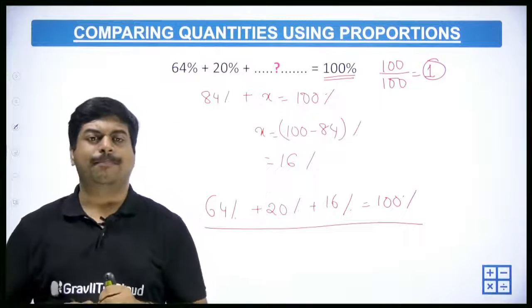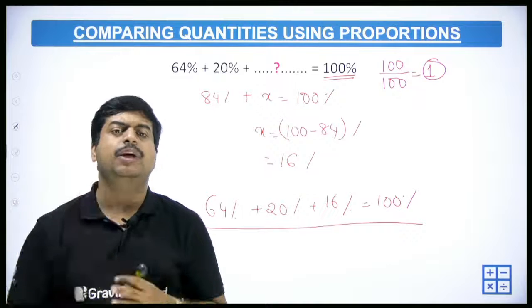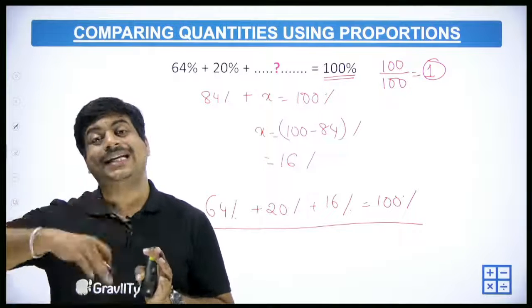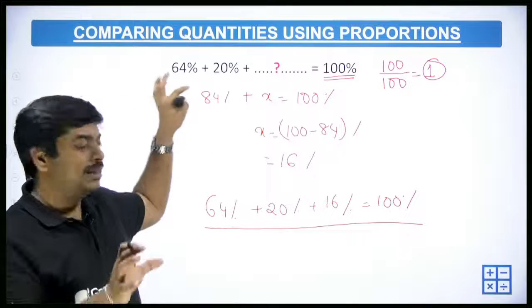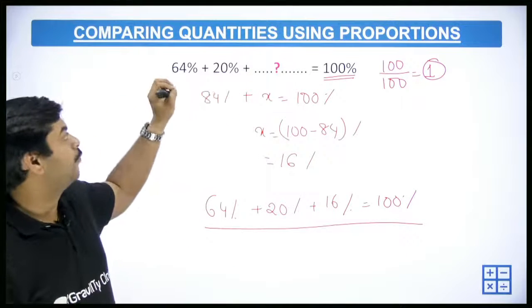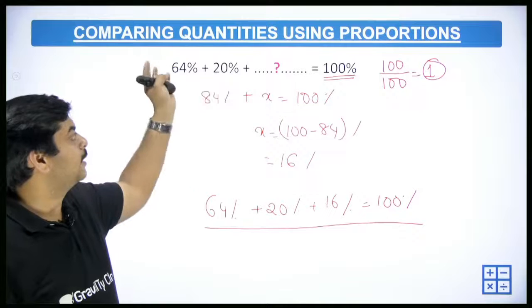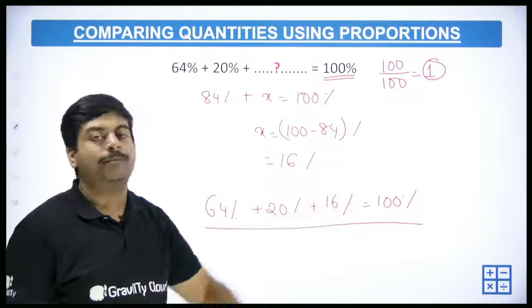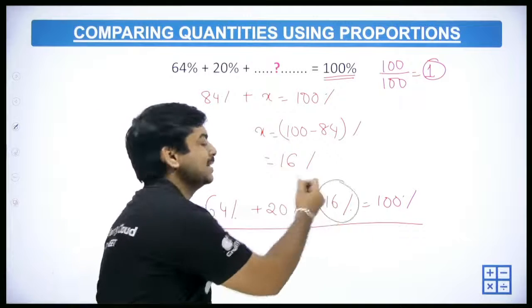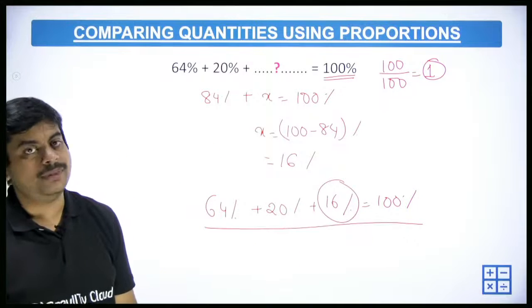Yes, there are places where we use 110%, 200%, 300%, where it got increased so many times. But always the percentage in one situation, 64% of something plus 20% of something, is equal to 100% of something. So the total should be equal to 100%, and from there you get the answer 16%.